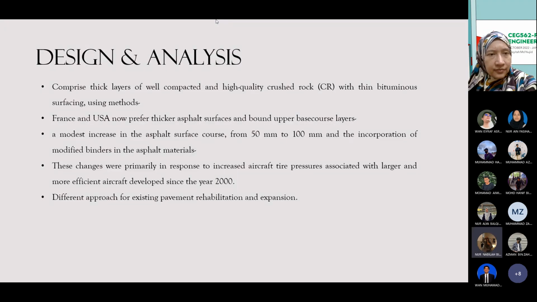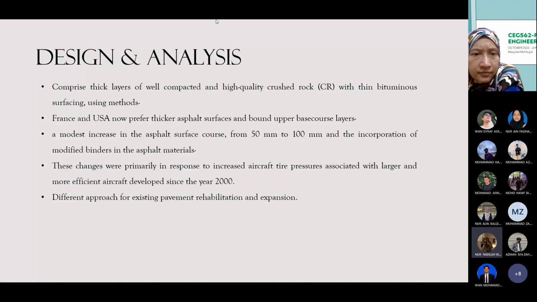So next is design and analysis. It comprises thick layers of well-compacted, high-quality crushed rock with thin bituminous surfacing using the method. France and USA now prefer thicker asphalt surface and bound upper base course layers.